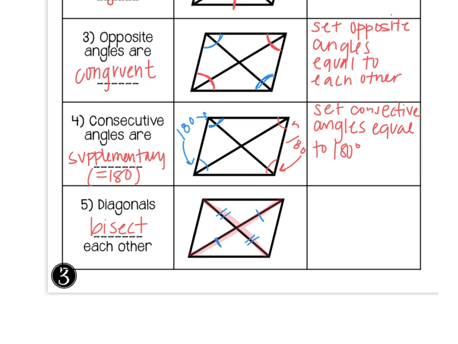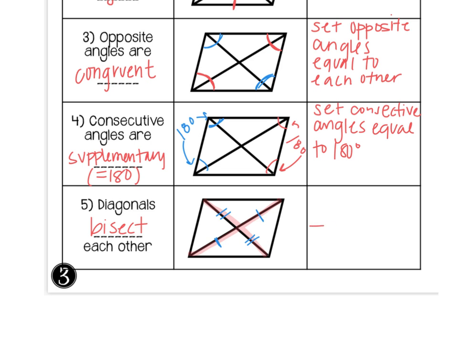So it kind of depends on what you're given in the problems. How to solve these, there isn't necessarily one way. If you're given this part of the diagonal and this part of the diagonal, then maybe you would just set them equal to each other. Sometimes you're given this part of the diagonal and then the whole thing to solve for x. So it kind of just depends on what you're given.